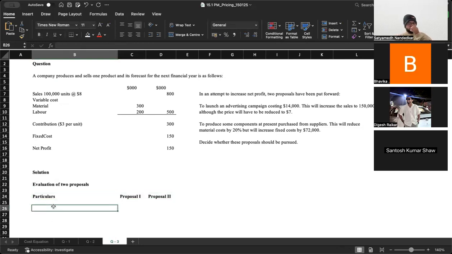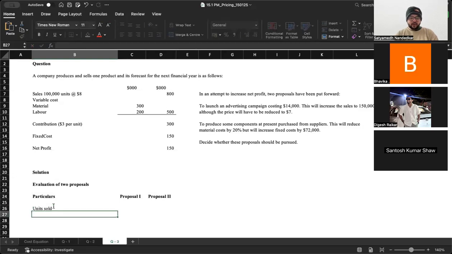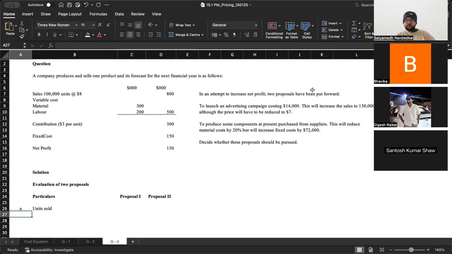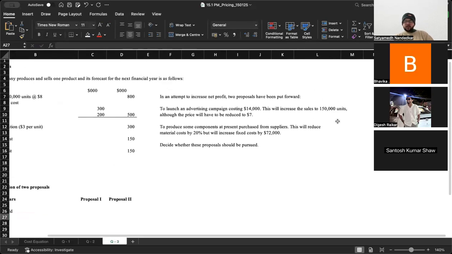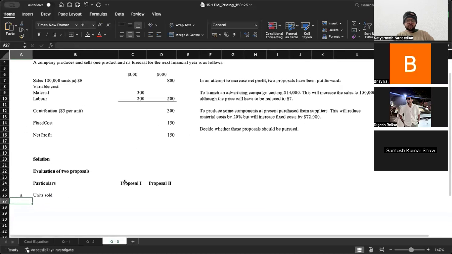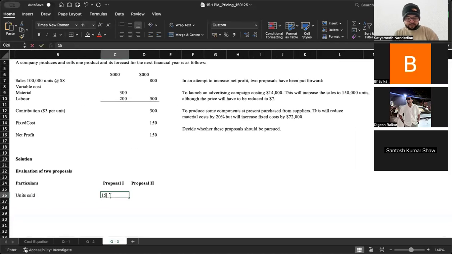ठीक है, now, and there is, of course, you know what is the existing situation. ठीक है, let's talk about units sold. Now, the first proposal is to launch an advertising campaign. Because of this, what will happen? The units sold will increase to 1,50,000.